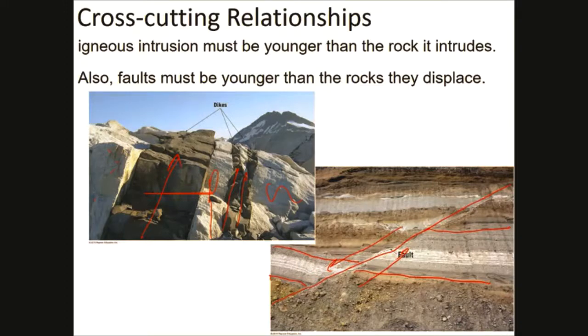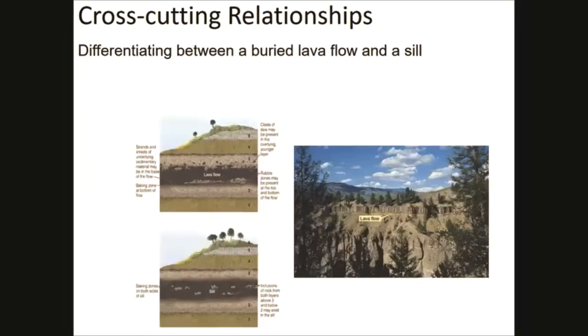And with igneous intrusions, if molten rock is going to intrude into a rock, the rock it's intruding into must have existed first in order for the molten rock to intrude into it. Right? There's only one little ambiguity in this, is if there's a horizontal layer of igneous rock with sedimentary rock below it and above it.